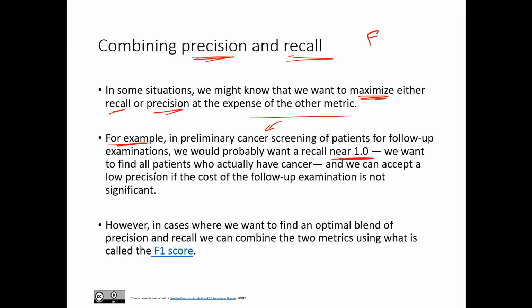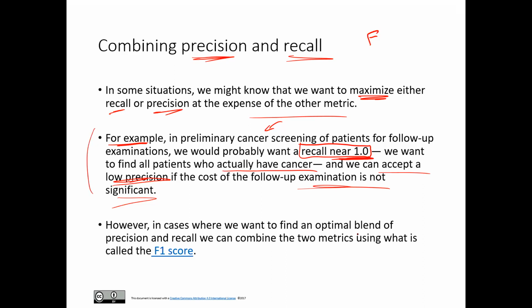We want to find all patients who actually have cancer. And then we can accept a low precision on this problem, especially if the cost of the follow-up examination is not significant, right? So we can afford low precision, but we want almost perfect recall because if you miss one case of cancer, that's death for someone or further illness. And so that's kind of the idea.